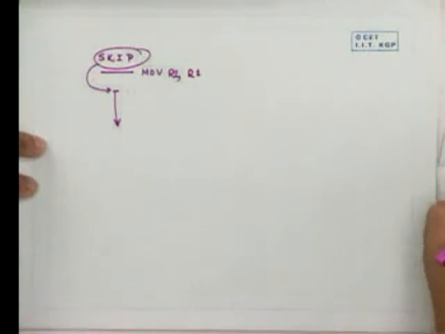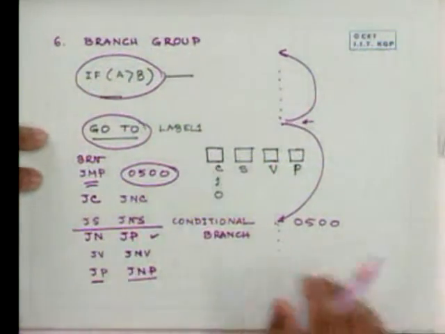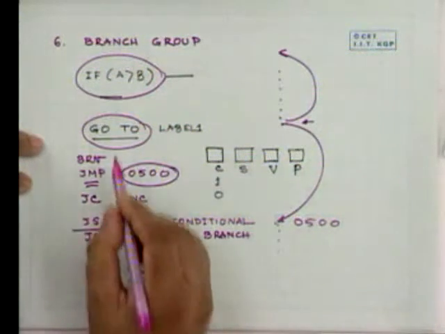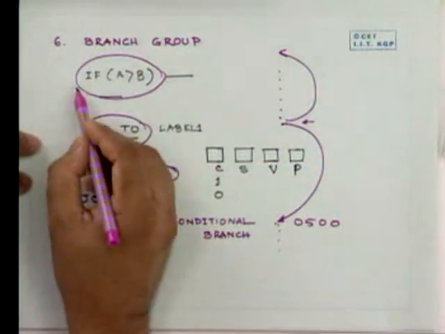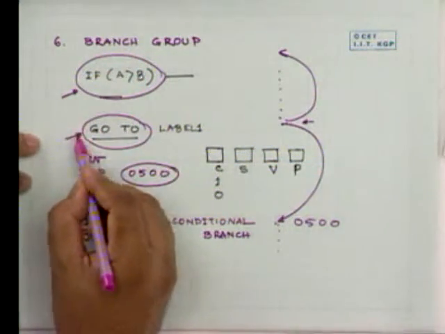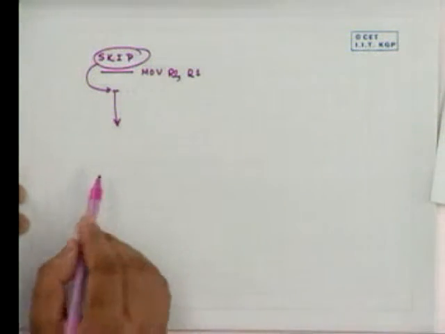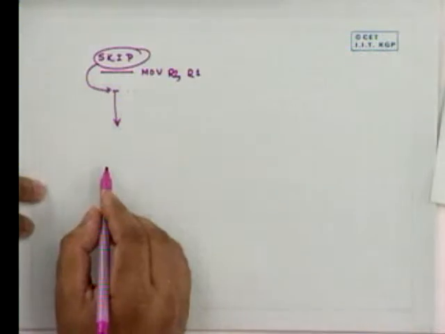Now, these branch and skip instructions have to be used whenever you have to control the flow of execution of a program. As you know, we use subroutines or functions.